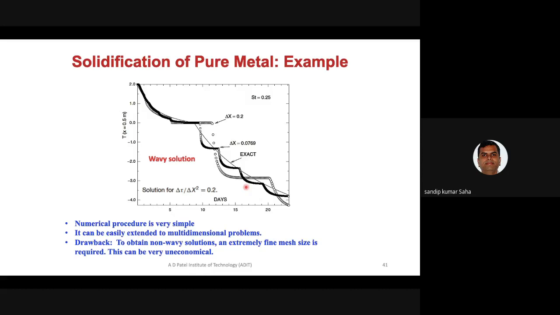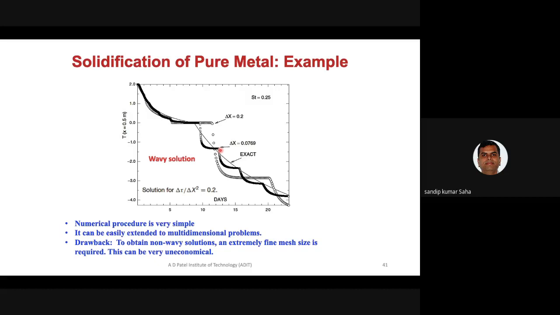This wavy profile is coming because the delta x distance, or the grid spacing, is very high. If you take a very large delta x, then obviously you will get a very visible wavy pattern in your simulation, or any temperature profile, which should not be.